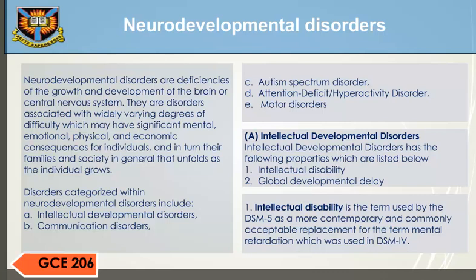A. Intellectual developmental disorders. Intellectual developmental disorders has the following properties which are listed below. 1. Intellectual disability. 2. Global developmental delay. 1. Intellectual disability is the term used by the DSM as a more contemporary and commonly acceptable replacement for the term mental retardation, which was used in DSM-4.